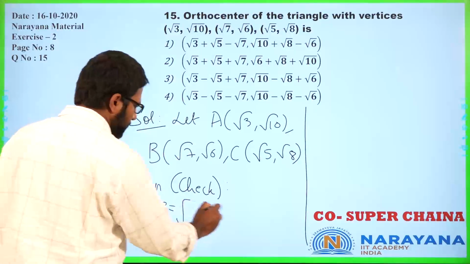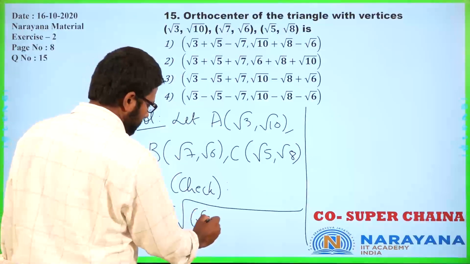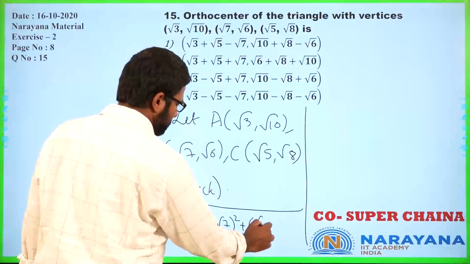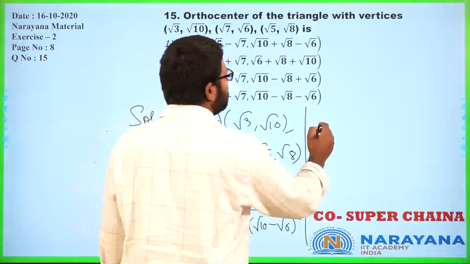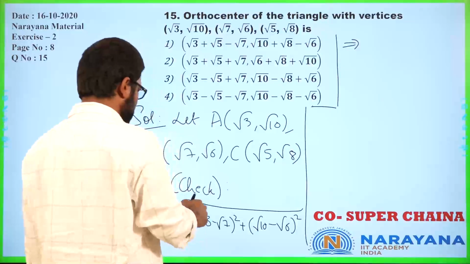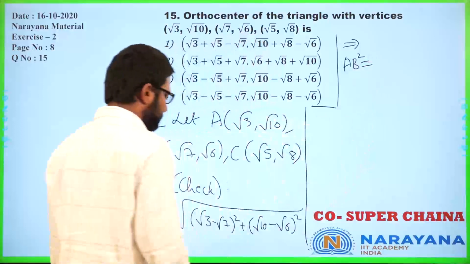AB would be under root, root 3 minus root 7 the whole square plus root 10 minus root 6 the whole square, right? Which means, let us just use AB square for convenience.